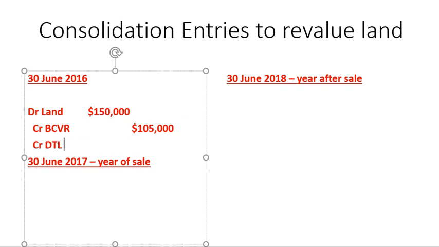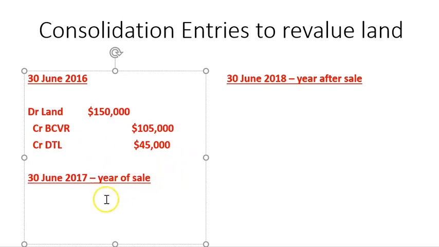So the tax is then represented by a deferred tax liability of $45,000 because we're effectively making a gain. We haven't actually realized the gain yet, so the tax will be deferred to a later period when we actually sell it. In the year of sale, the entries are slightly different.